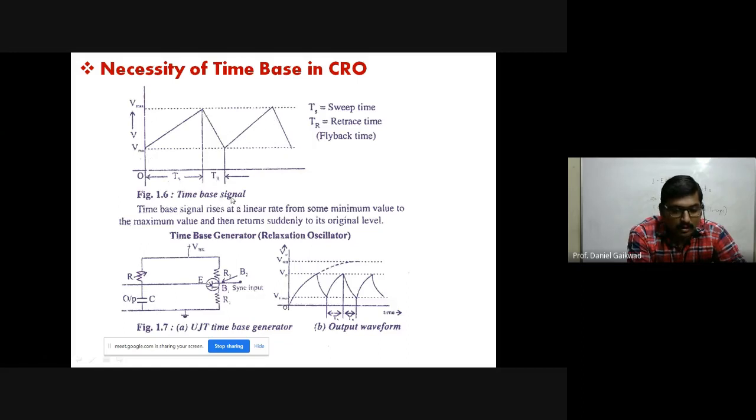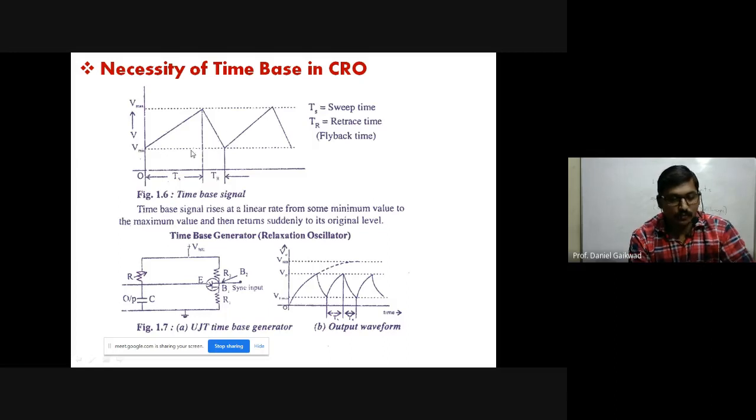Now in 11th standard, we learned the topic of UJT, the unijunction transistor, in Electronics Paper Number 2. So recall the concept of the UJT. In that topic we also have the sawtooth generator. The UJT acts as a sawtooth generator, and in that topic we have a circuit diagram like this, and we obtain a waveform like this.